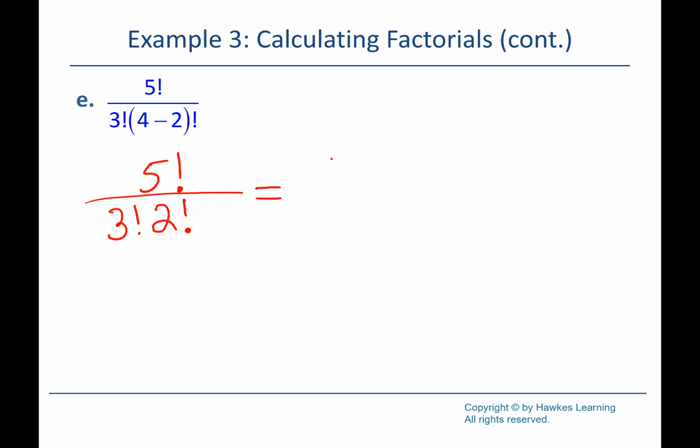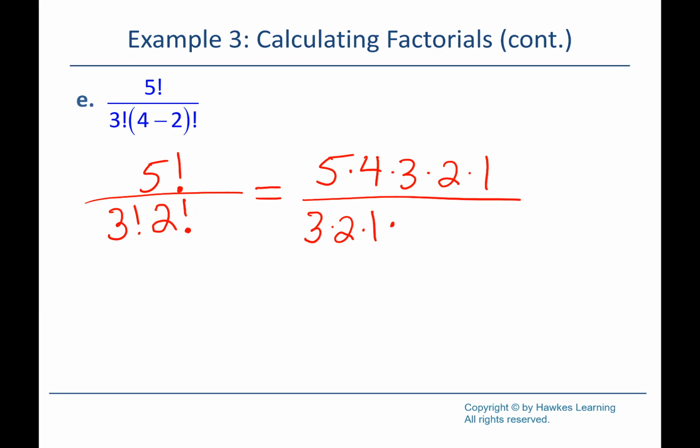That's okay. We still can just list it out. So 5 factorial, 5 times 4 times 3 times 2 times 1. On the bottom, 3 factorial, 3 times 2 times 1, times 2 factorial, which is 2 times 1. And then just cancel out as much as you can.